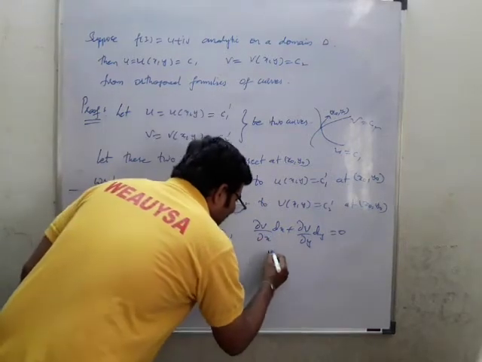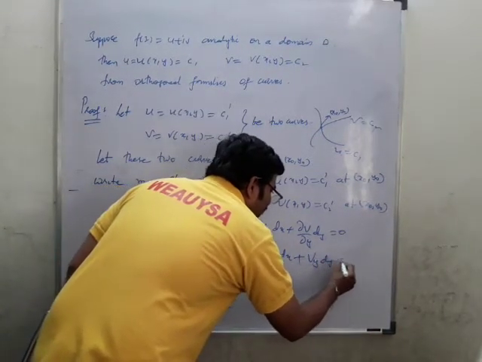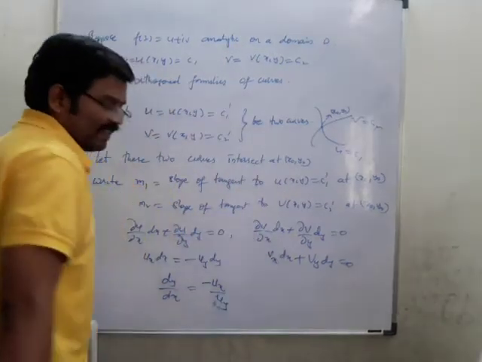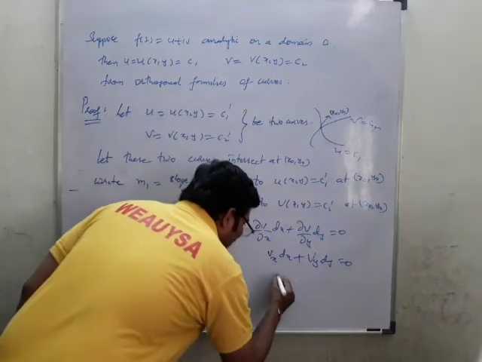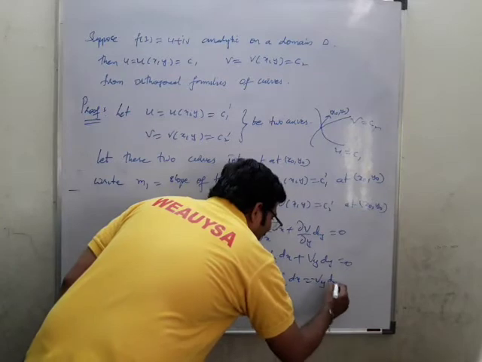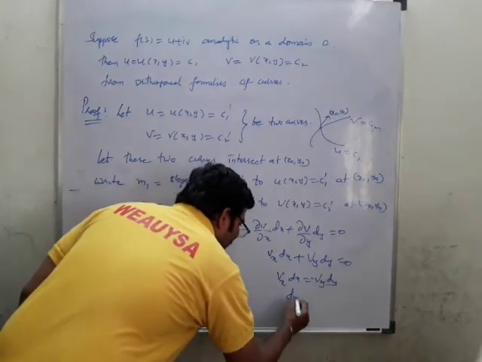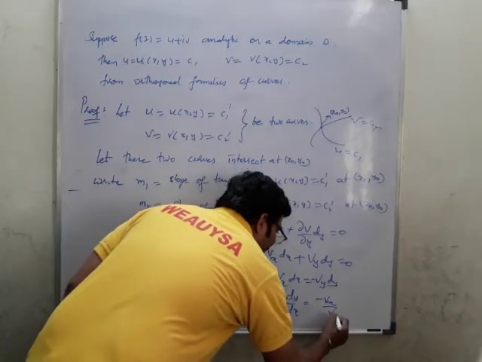Similarly, this can be written as vx dx plus vy dy equal to 0. Both are the same kind of equation; for our convenience we are writing it like this. Then vx dx is equal to minus vy dy, so dy by dx equal to minus vx by vy.